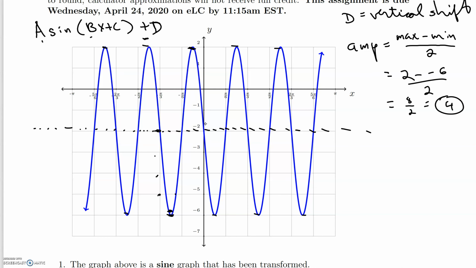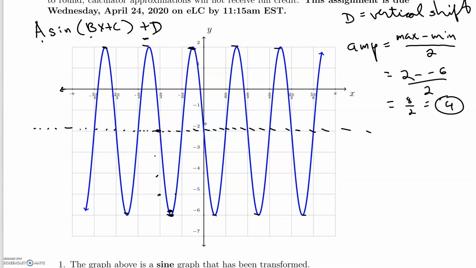Now that's useful because it helps me to see the vertical shift. Initially we were here on the x-axis, and now I can see that I have moved down 2 units.